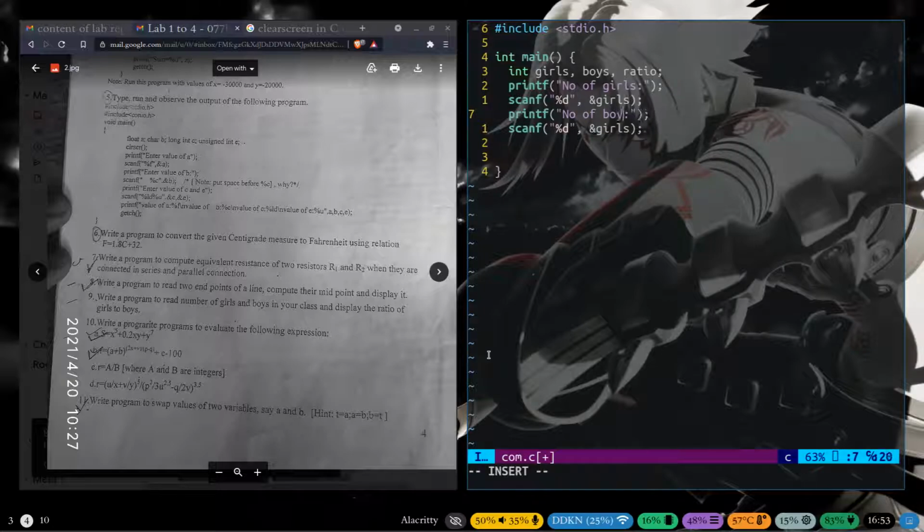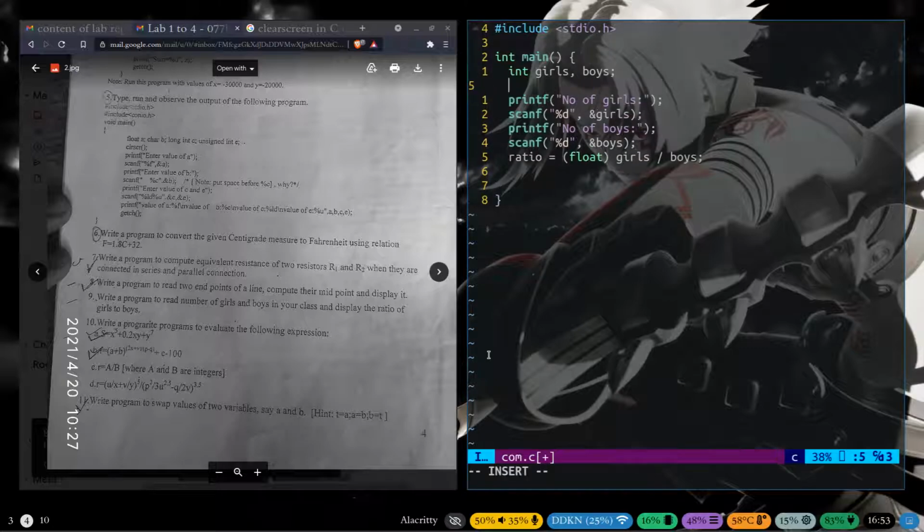Boys and boys. Alright. So the ratio is equal to you'll kind of display the ratio of girls to boys, means girls to boys. Alright, float. With the ratio, okay.